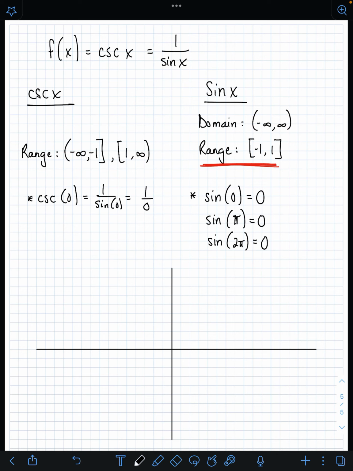So, while sine has a domain of all real numbers, there are output values in the sine function that are 0. And whenever that happens, cosecant is going to be undefined.